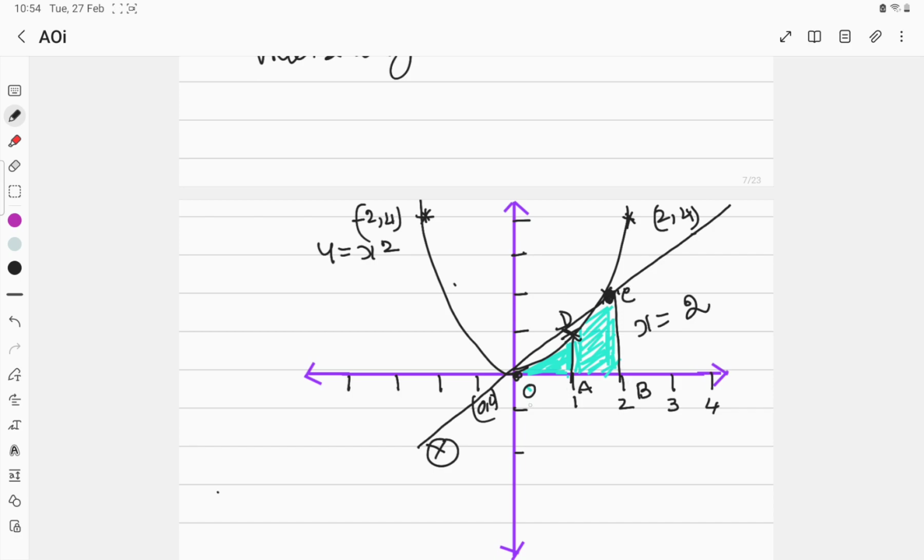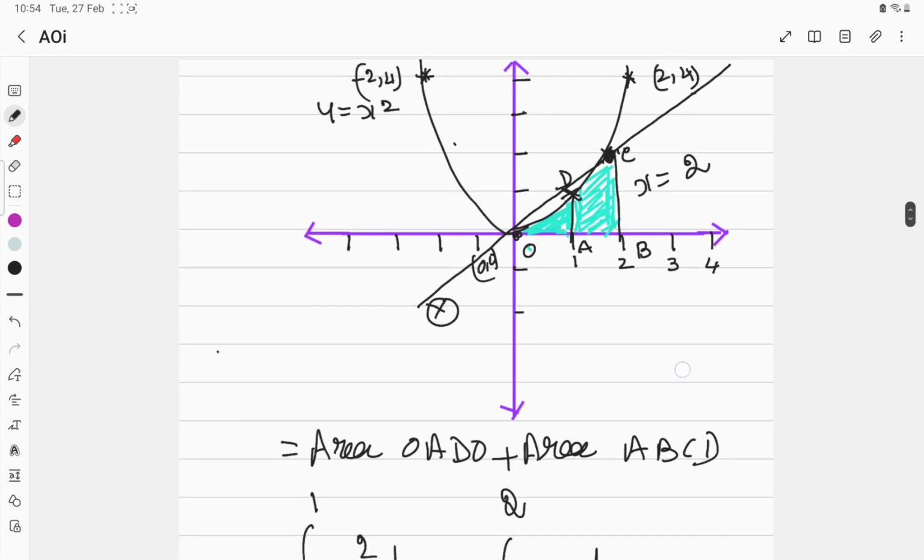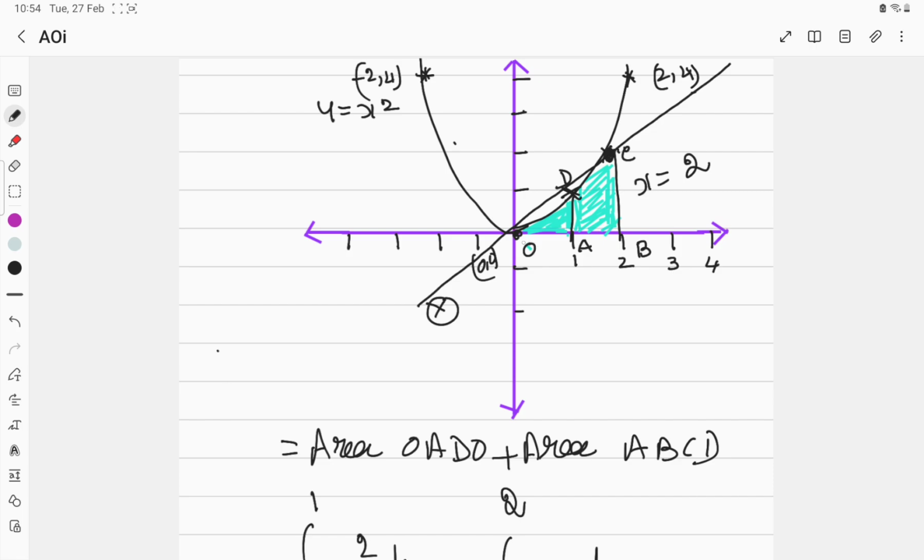Required area is equal to O, A, B, C, D, O. That is area OADO plus area ABCD.